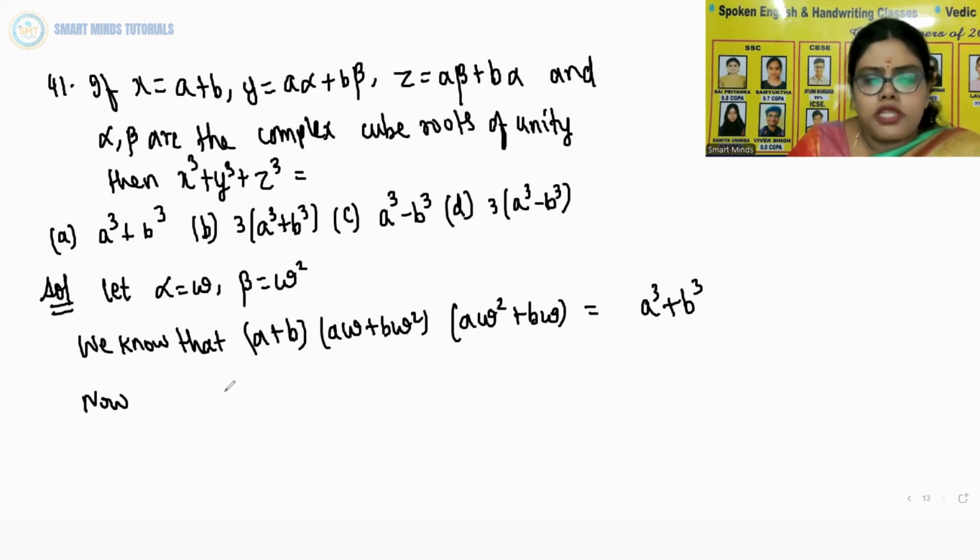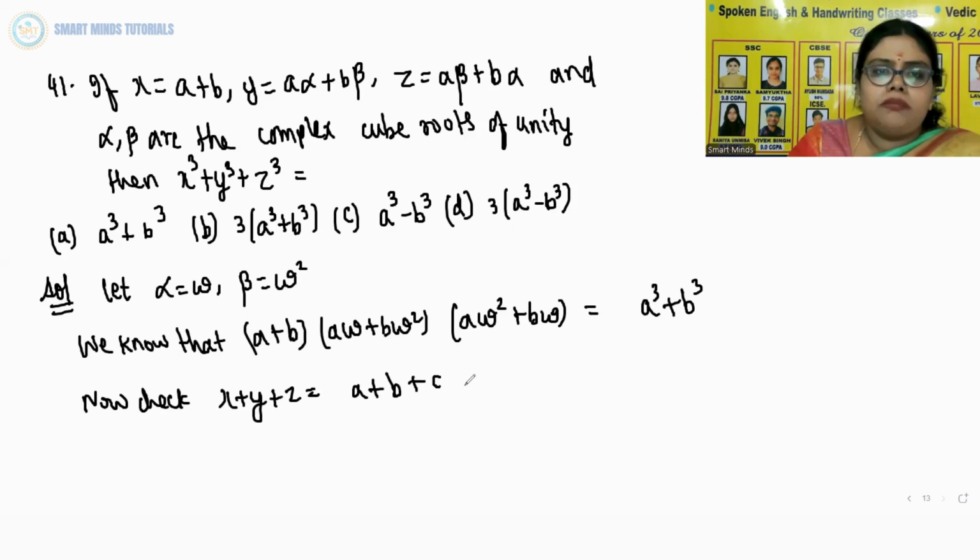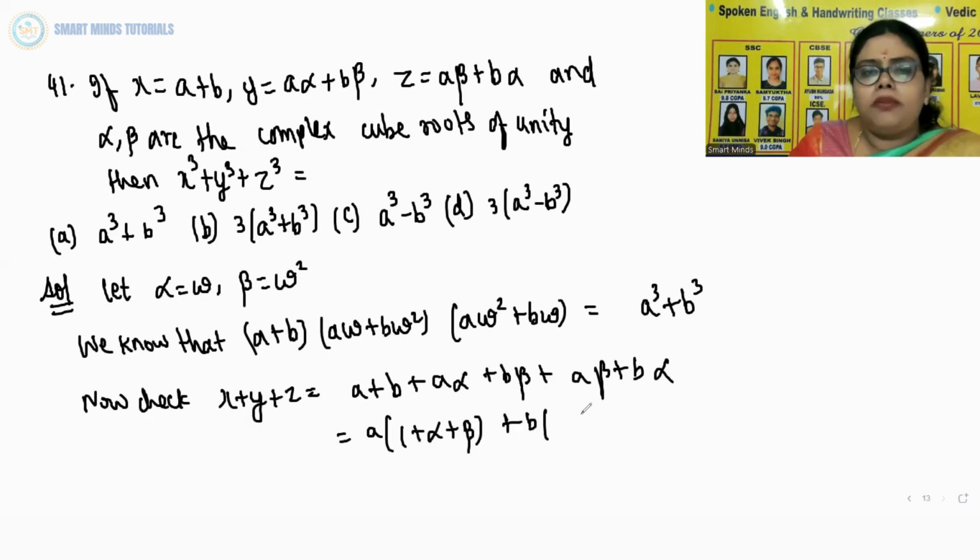Now check x + y + z. That is a + b + aα + bβ + aβ + bα. If you take a common, we get 1 + α + β. And if you take b common, 1 + α + β.